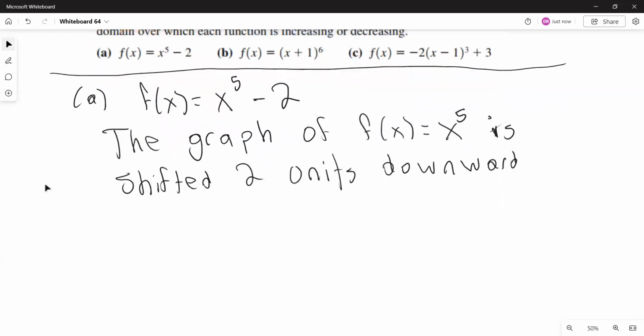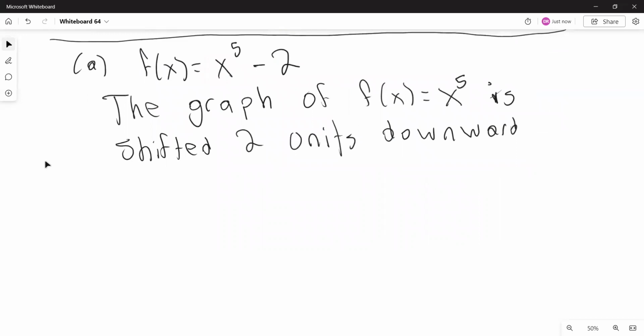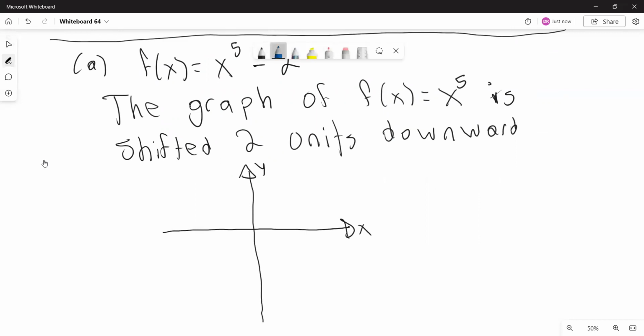We know 3 points on the graph of x to the fifth, which are -1, -1, 0, 0, and 1, 1. But this was shifted 2 units down. So this point that acts like the origin is going to be 0, -2.